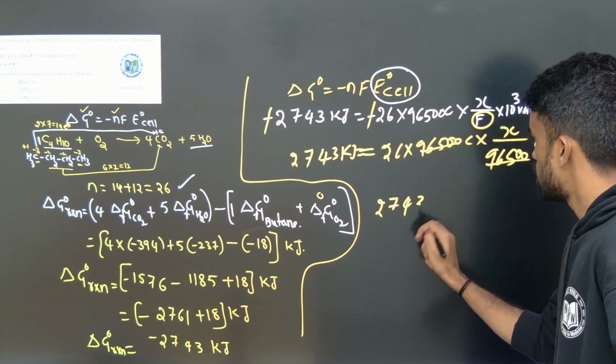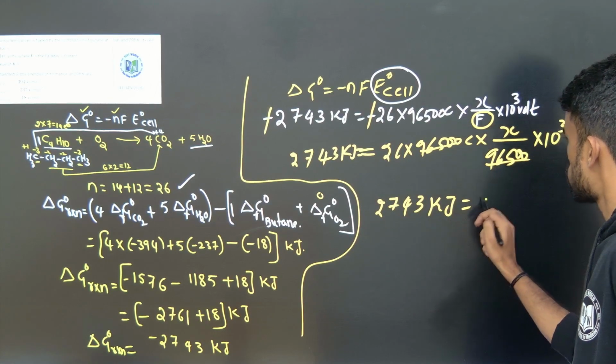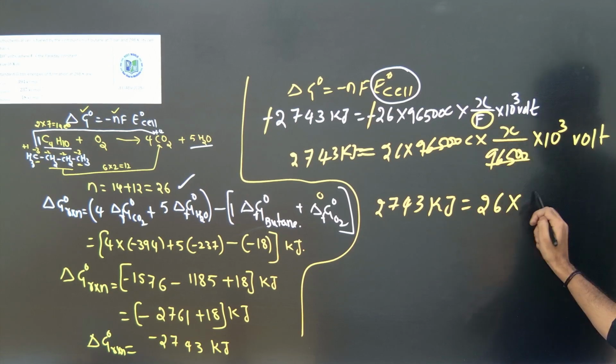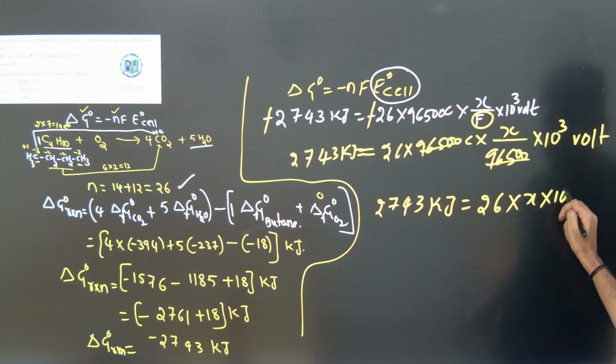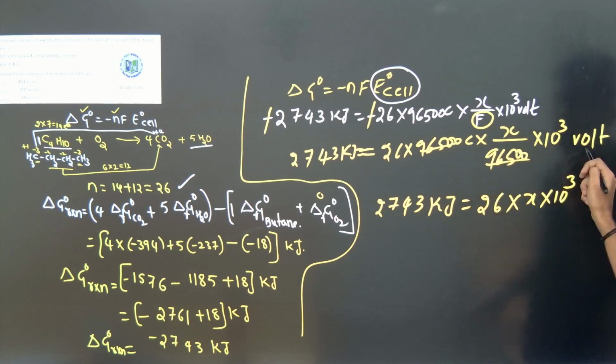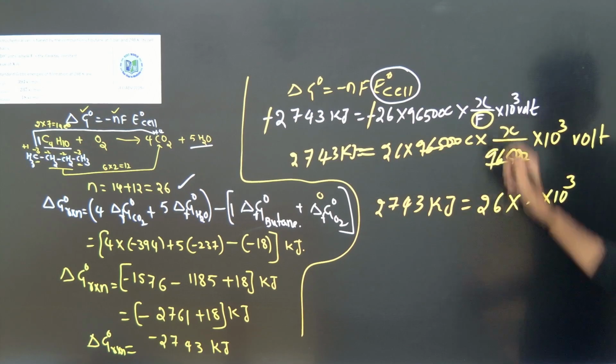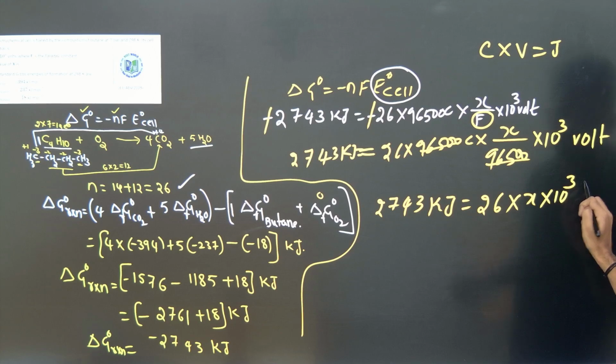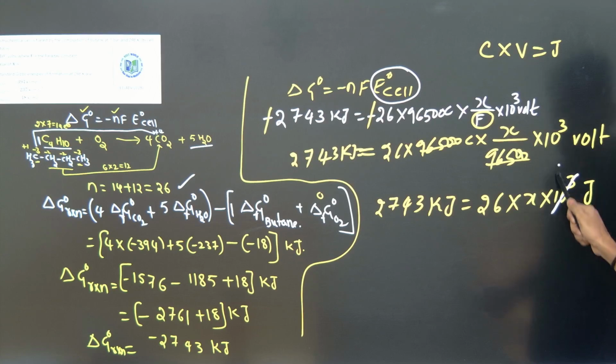2743 kilojoules equals 26 into, see here we have x into 10 power 3. Okay. So, coulomb into volt, what is that? Coulomb volt is joules. So, I am writing here joules. Here we have 10 power 3 now. Instead of writing 10 power 3 I can write it as kilo.